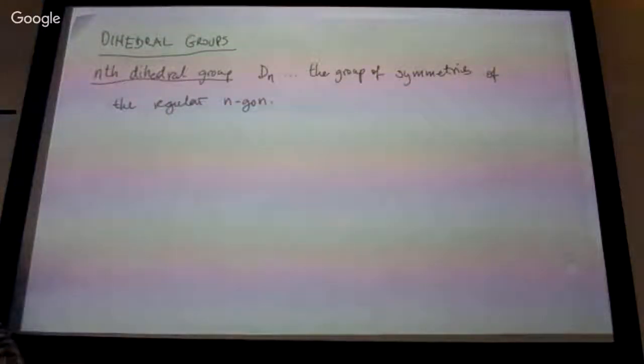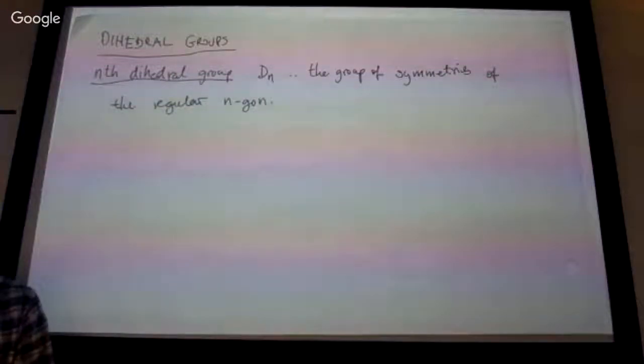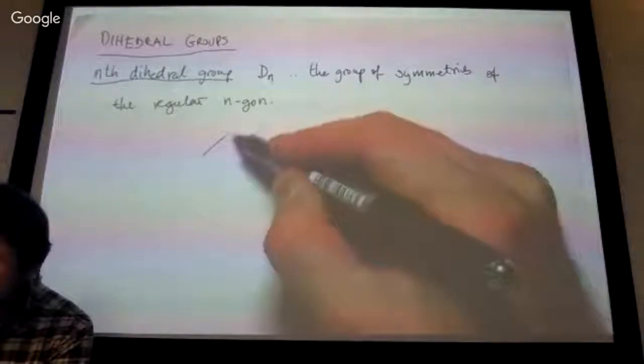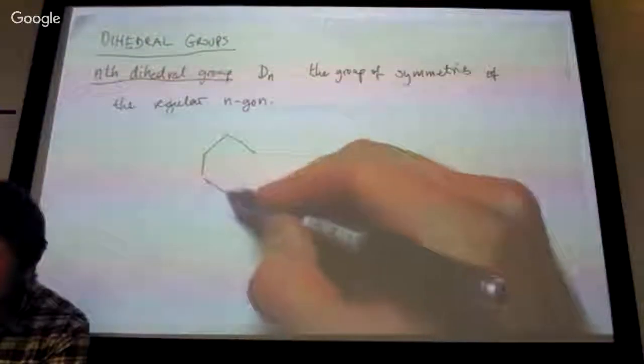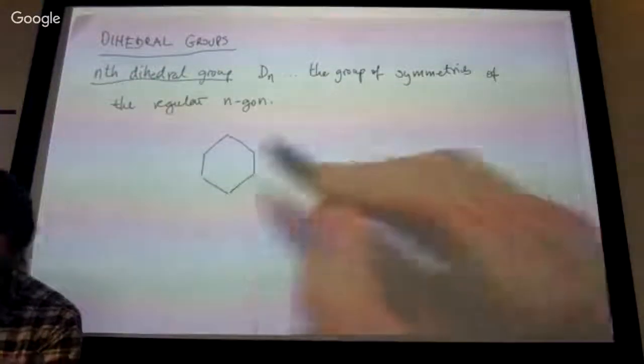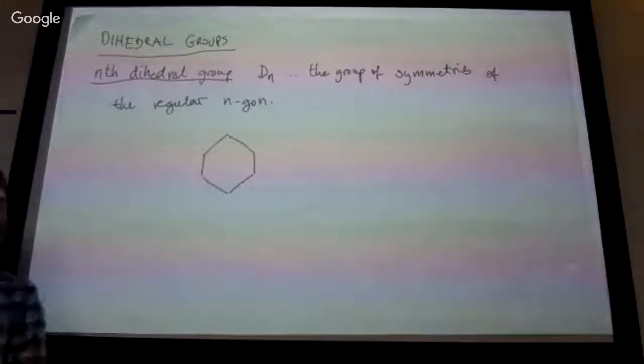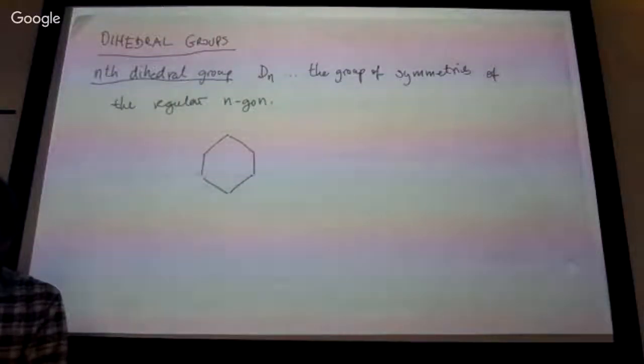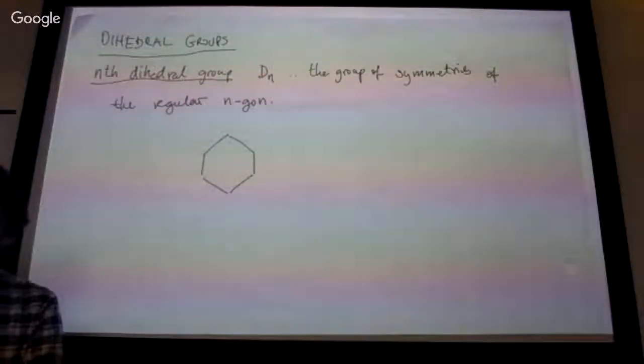Is it readable? Okay. So let's see, which n-gon can I draw? Okay. Hexagon, okay. The heptagon, I'm not sure I can draw. So you can view this group as, well, in fact, what does it actually mean?